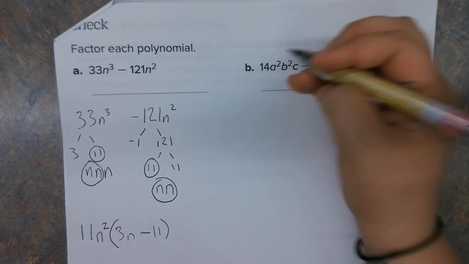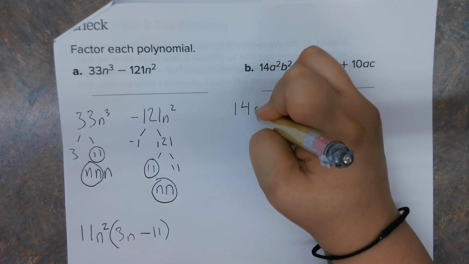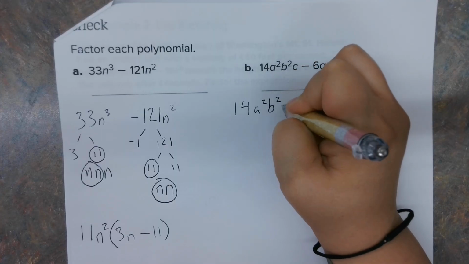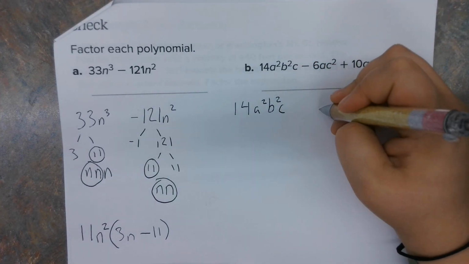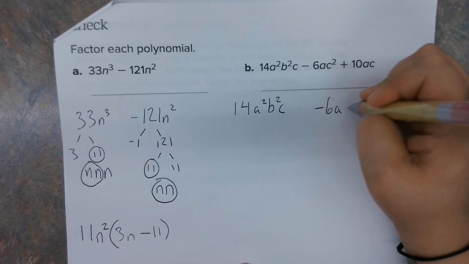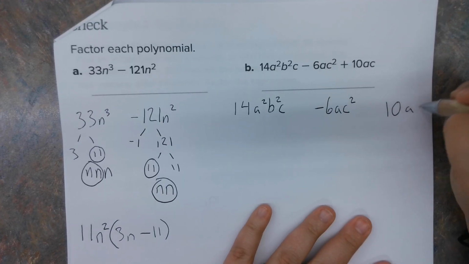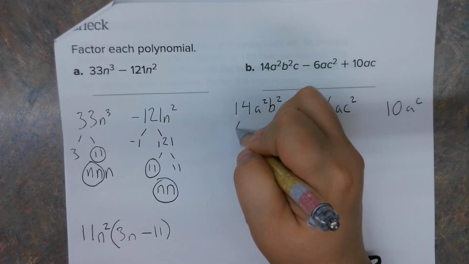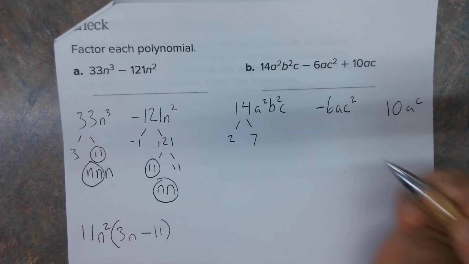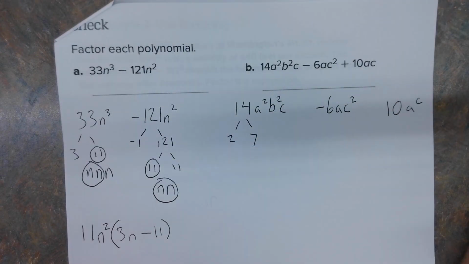This one. 14a squared b squared c. Ooh, that one's a lot. Negative 6ac squared. And then 10ac. 14 divided by 2 is 7. That one's done there.